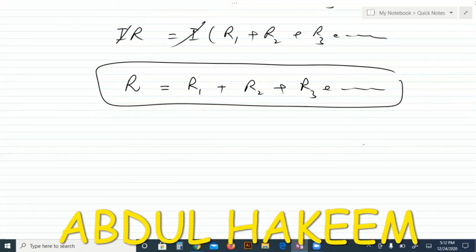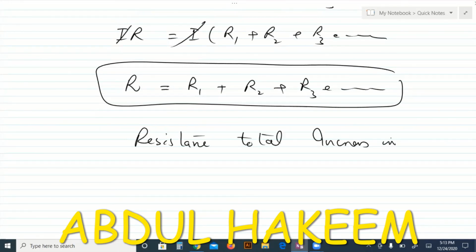So total resistance increases in series, decreases in parallel, but increases in series.